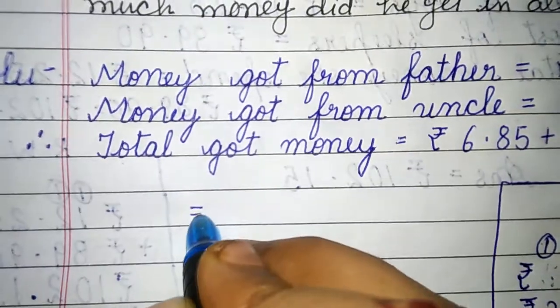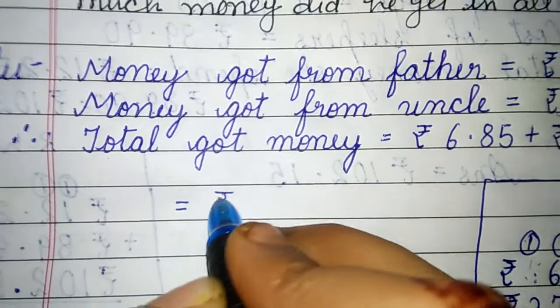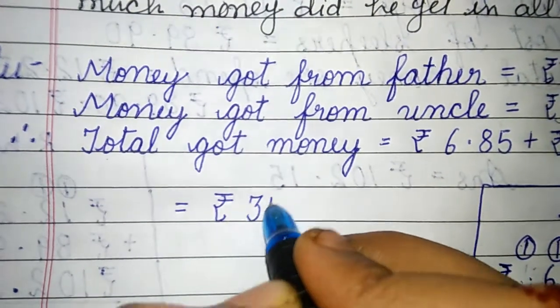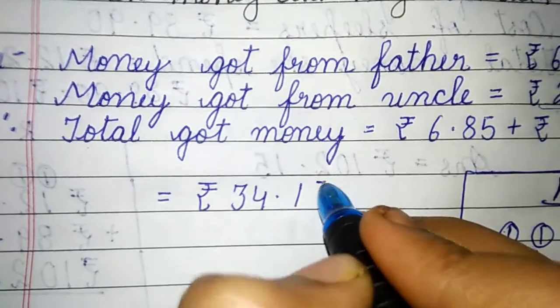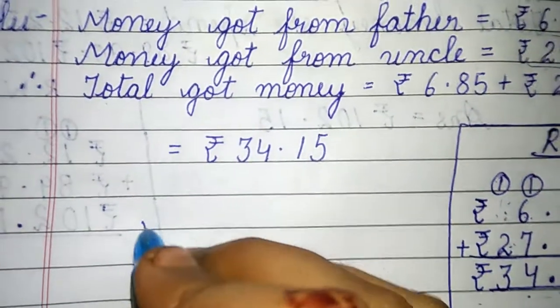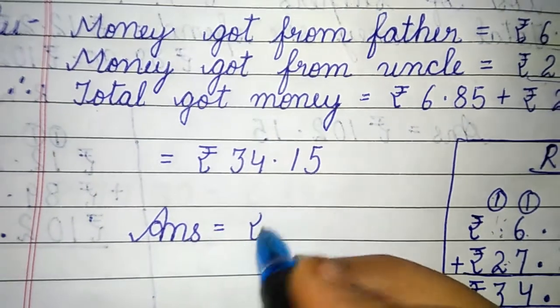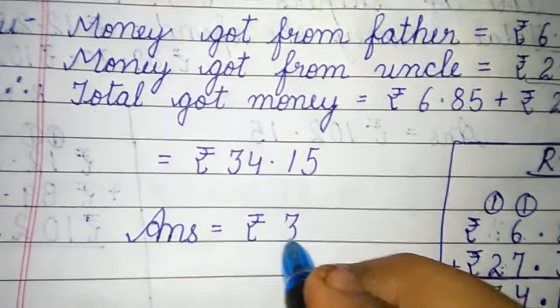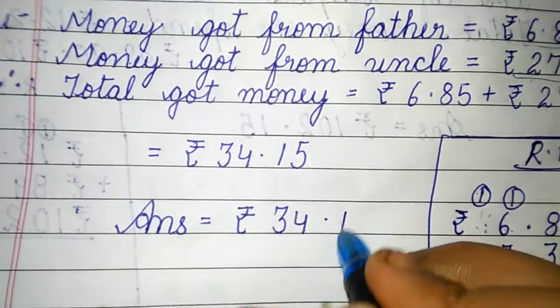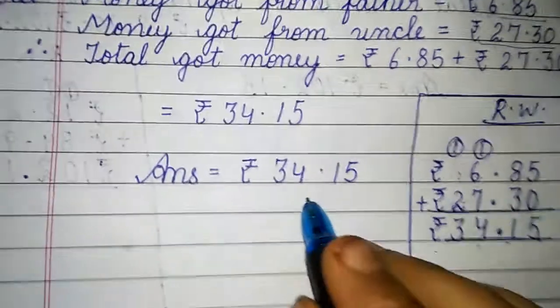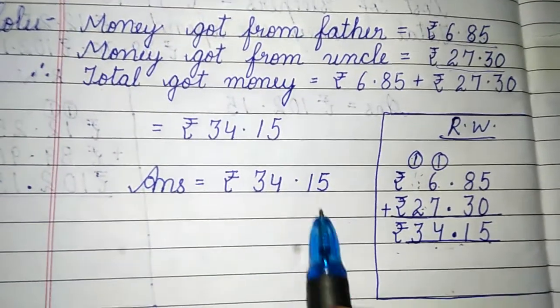Now we have to write here answer. He had total of rupees 34.15. You understand? Okay.